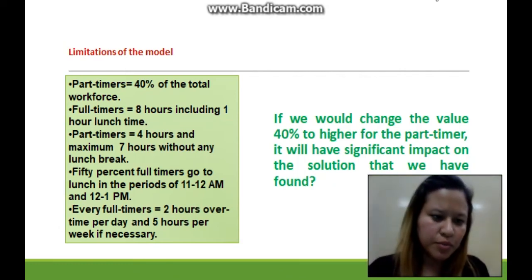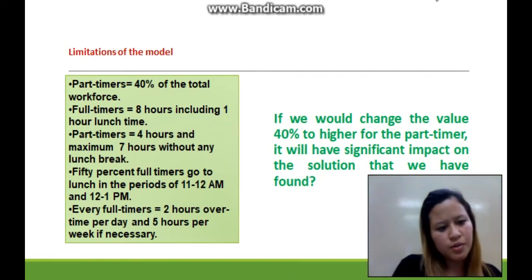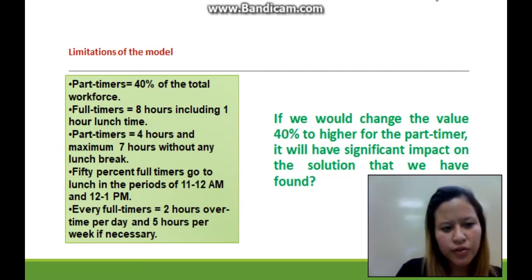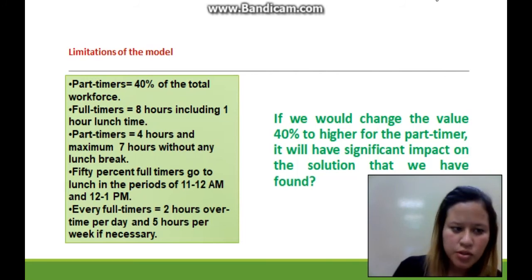The limitations of the model used to answer question number 1 are: part-timers must be less than 40% of the total workforce.